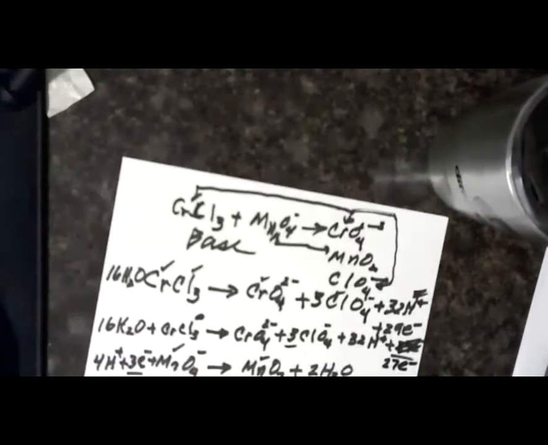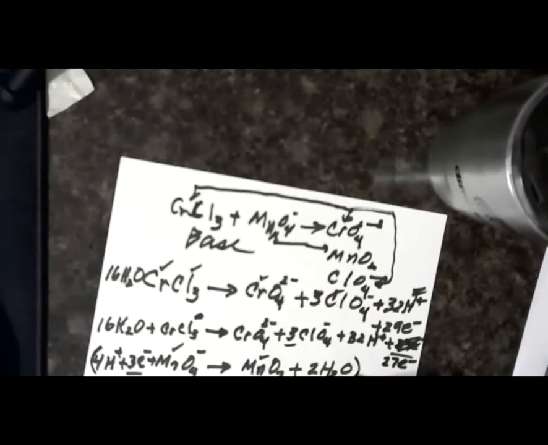Oh, that's good. Because to make the electrons gained and lost equal, I just need to multiply this last equation through by 9, right? 3 times 9 is 27. So I need to multiply this one through by 9.